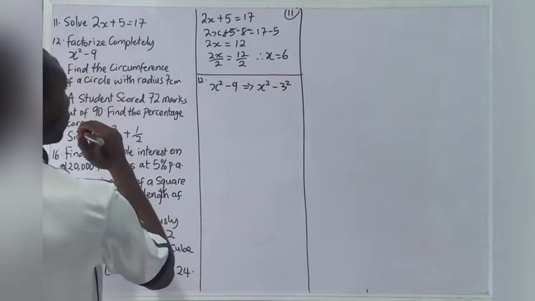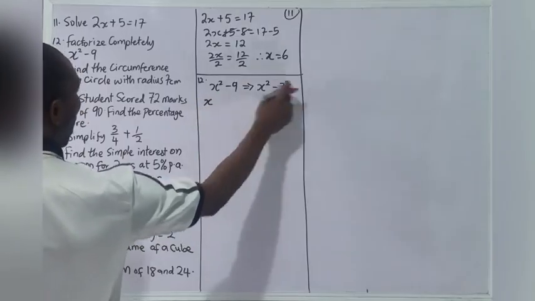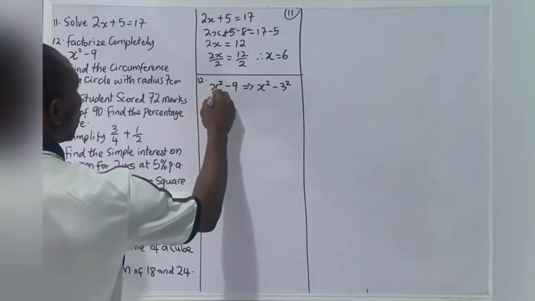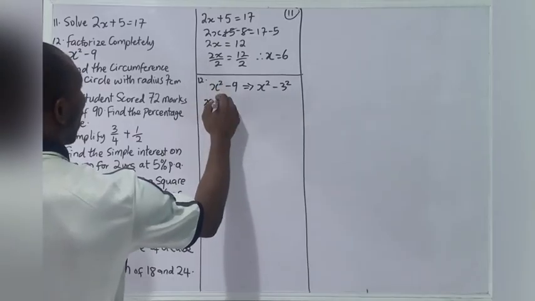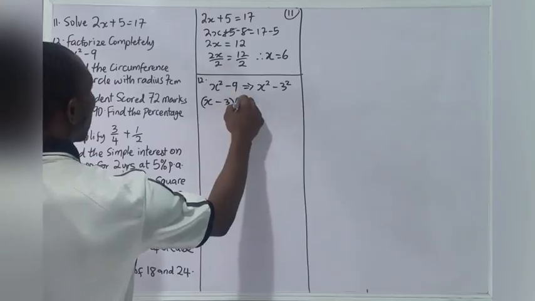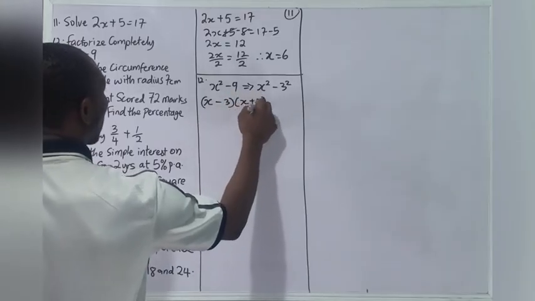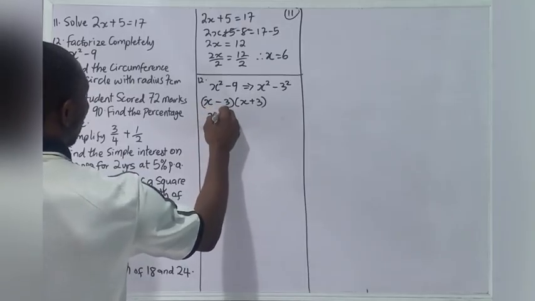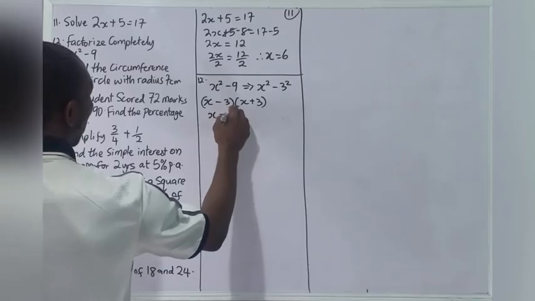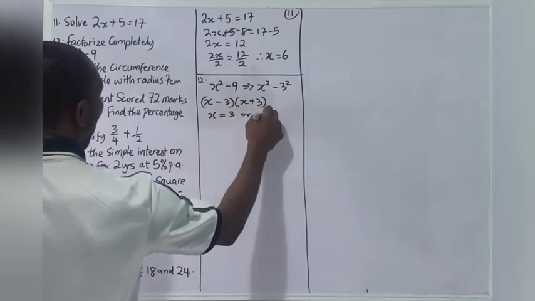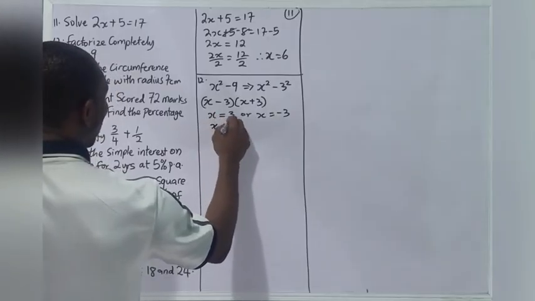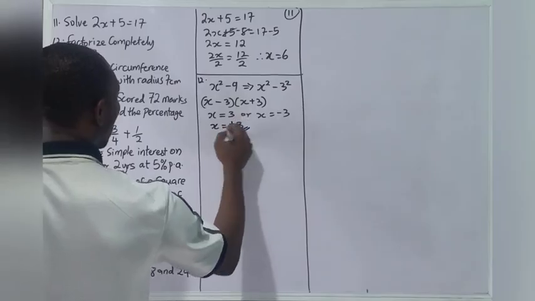So applying a difference of squares method, x minus 3, x plus 3. So this becomes x equals 3 or x equals minus 3. So our x equals plus or minus 3.